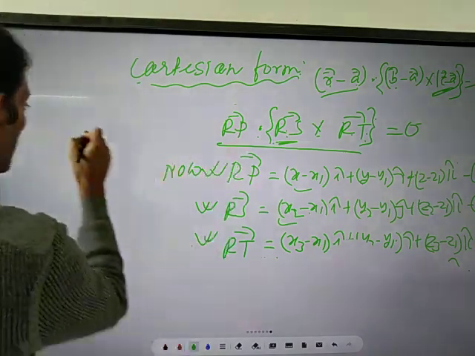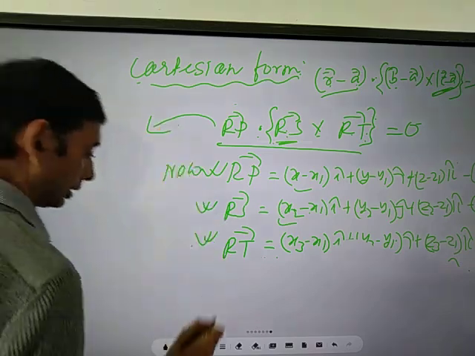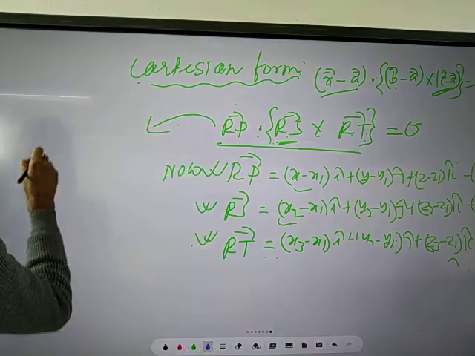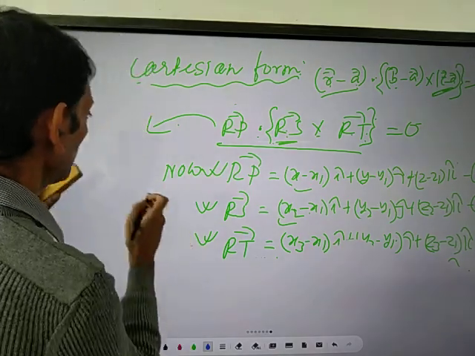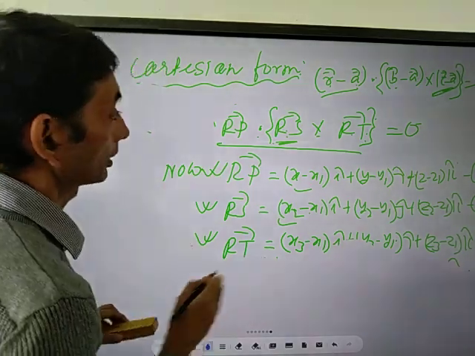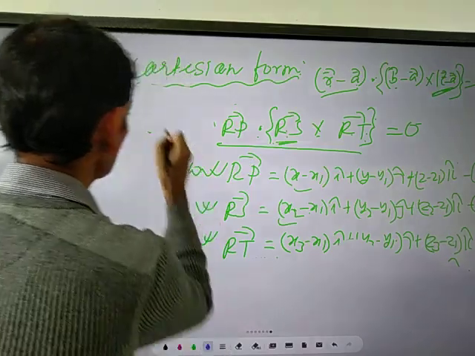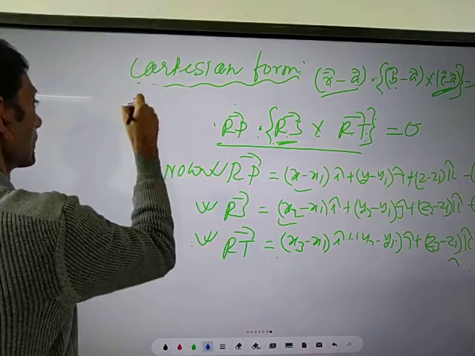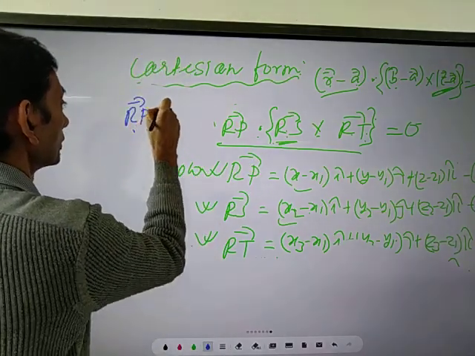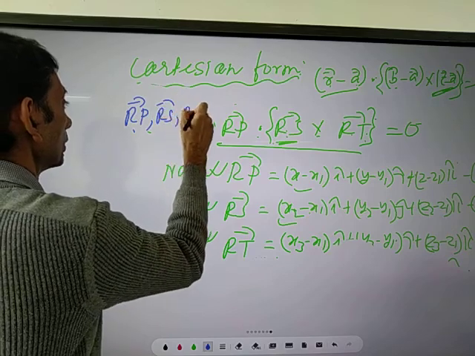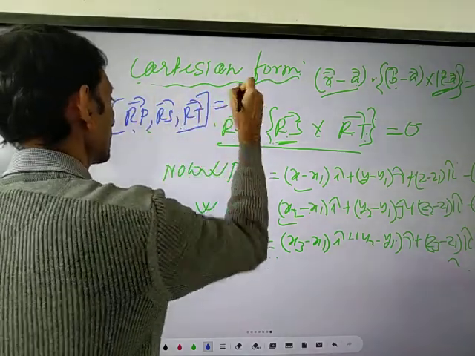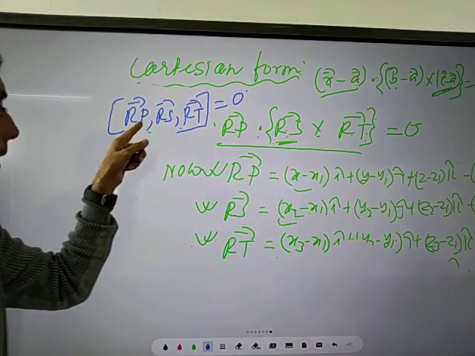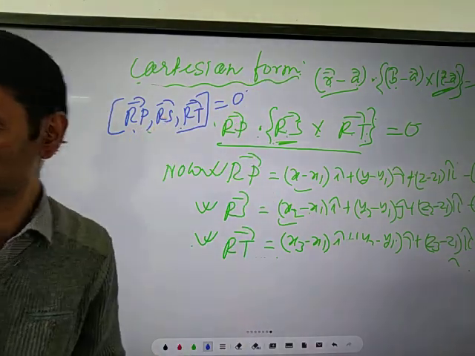This also can be written in the form of a scalar triple product, that is RP dot RS cross RT, which is the form of writing a scalar triple product: RP comma RS comma RT equal to 0.